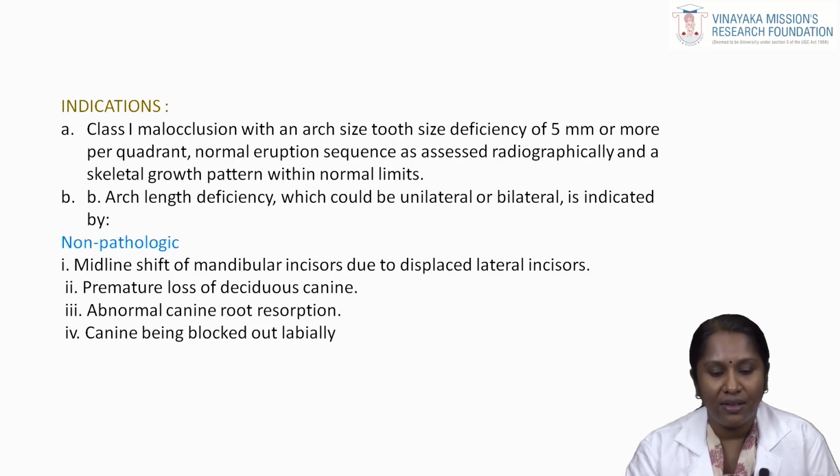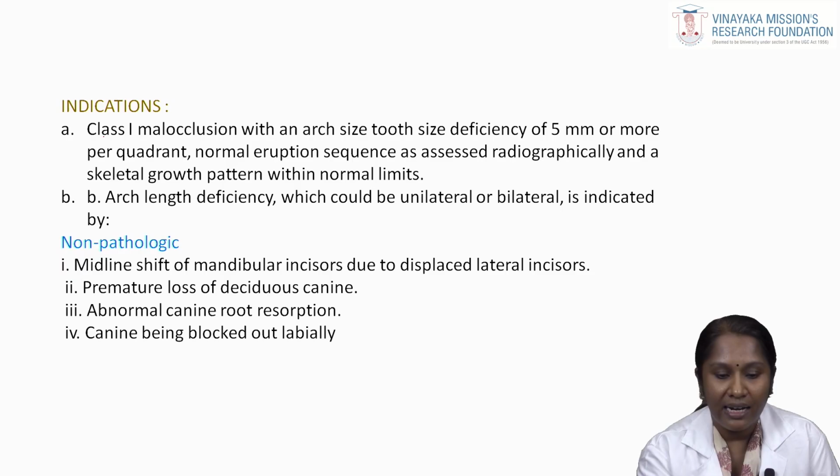What are the indications? Serial extraction is indicated in a class 1 malocclusion with an arch size deficiency of 5 mm or more per quadrant, with normal eruption sequence assessed radiographically and skeletal growth pattern within normal limits. Number 2 is arch length deficiency.